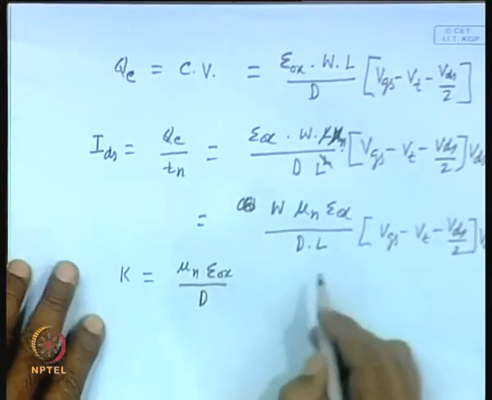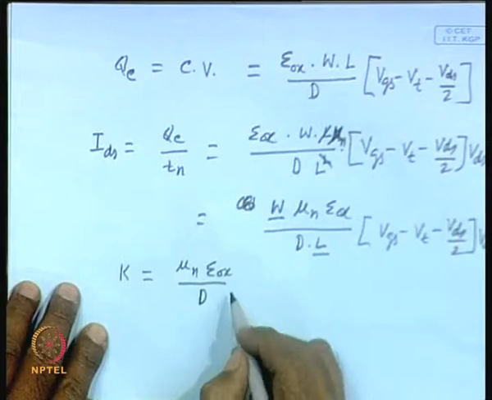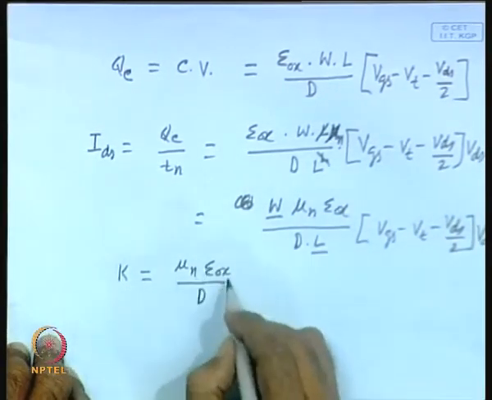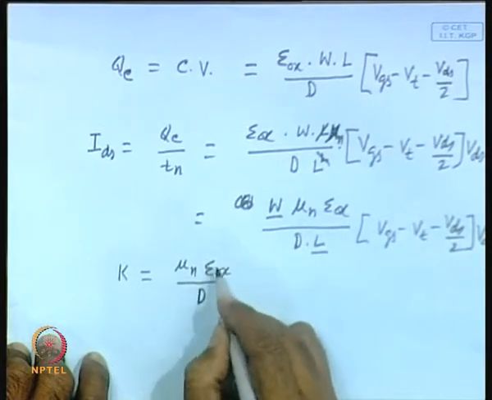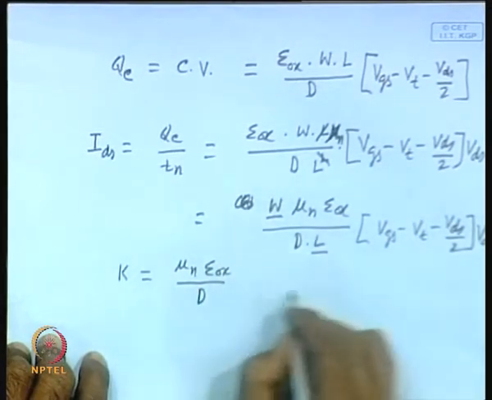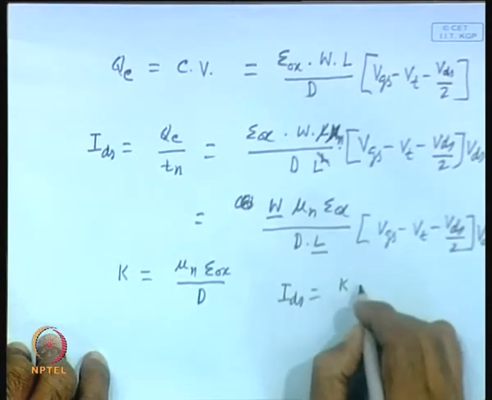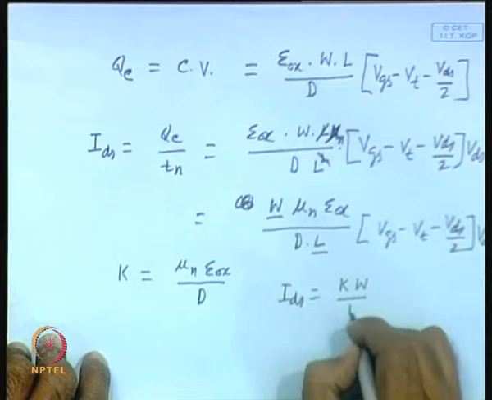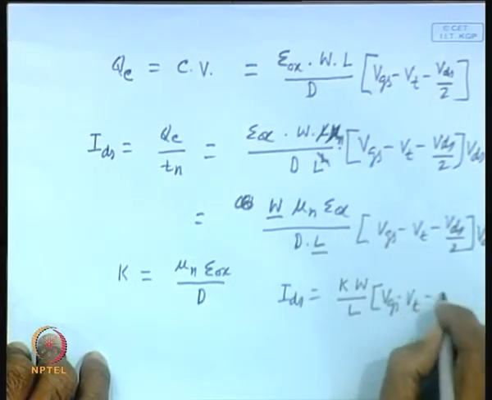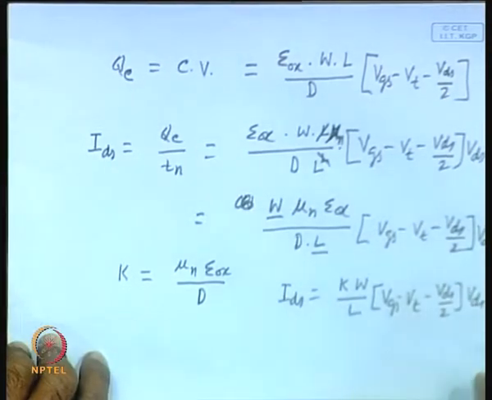We usually change the length L and the width W, but these three are kept constant. That is why this is sometimes replaced by K. If we substitute this value of K, we get I d s is equal to K W by L (V G S minus V T minus V D S by 2) into V D S.